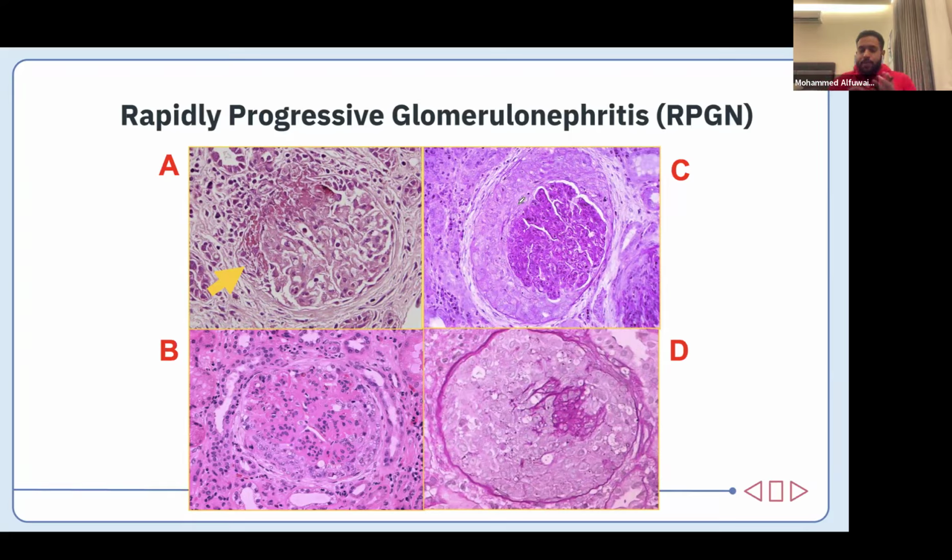So immunofluorescence will show me what type of pattern is happening in the RPGN, whether it's granular, linear, or nothing, okay? If it's granular, then we can have a set of differentials. If it's linear, we have a set of differentials. If it's pauci-immune or there's nothing on immunofluorescence, then we have a set of differentials. Tamam? We'll go over it one by one.